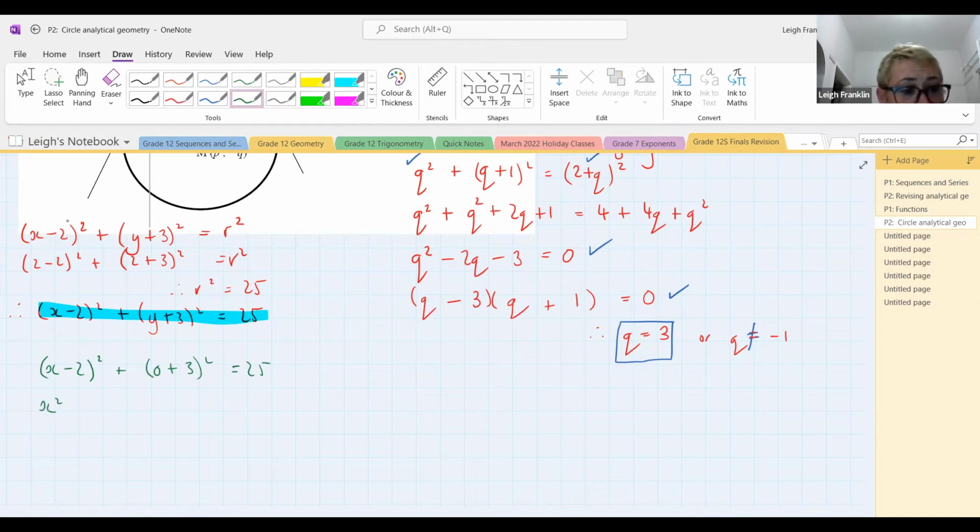We'd end up with x squared minus 4x plus 4. Sorry, not equals, should be plus. And then here we would have 9, and then we would say minus 25 equals 0. So we'd end up with x squared minus 4x, and then that would be 13 minus 25, which would leave us with negative 12. And then we would have to factorize.